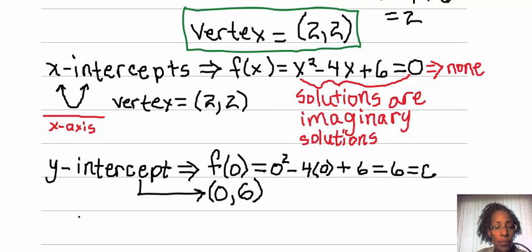So in the case where the vertex is different from the x-intercept, there will always be 2 x-intercepts if there are indeed x-intercepts. In this case, there aren't. So the only thing we need at this point is the equation of the axis of symmetry. That was another thing we were asked to find.